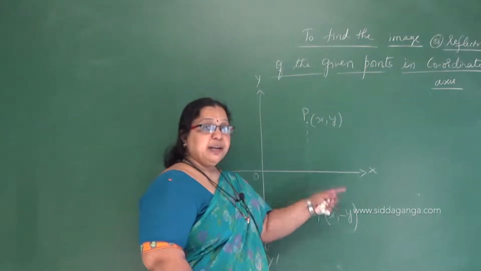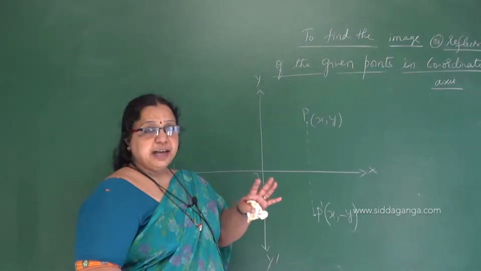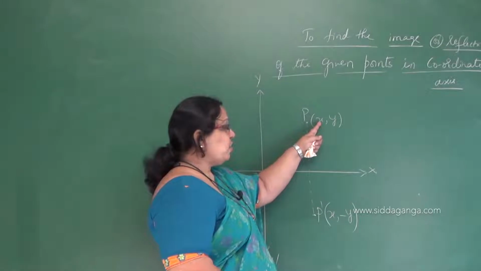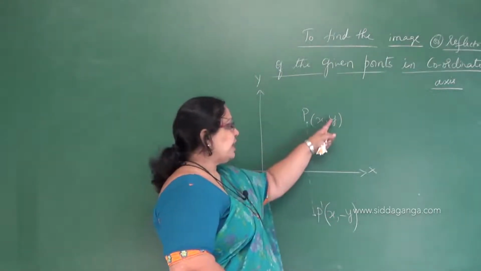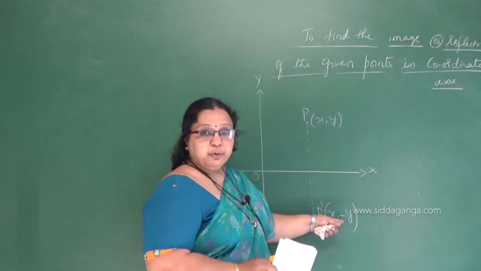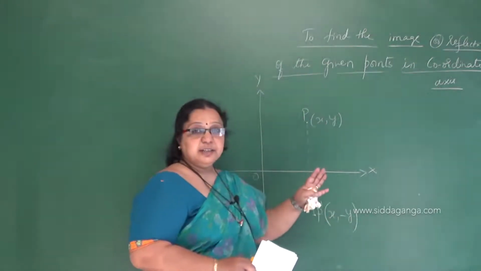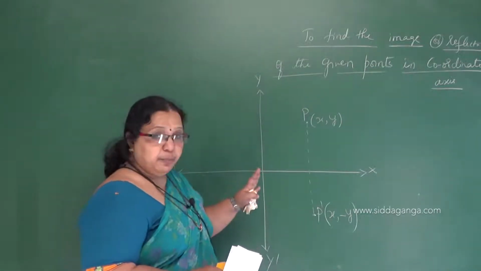Here, to get the image of any point in the x-axis we have to keep the x coordinate as it is. We have to change the sign of y, then we get the image or the reflection of the given point in x-axis.